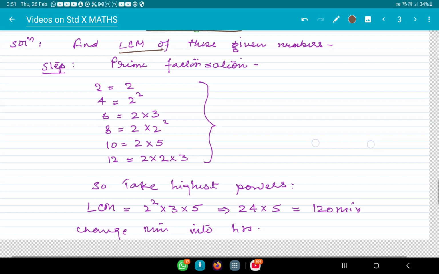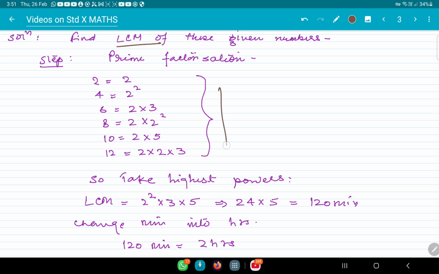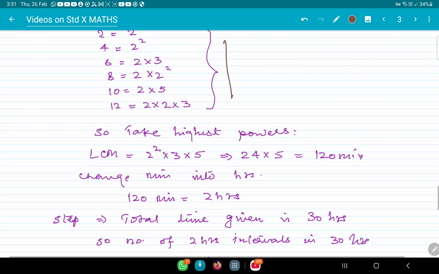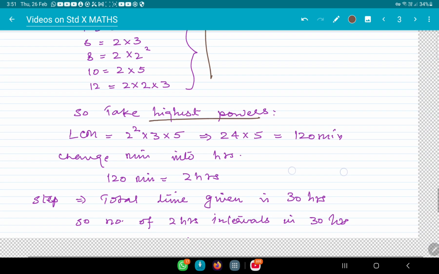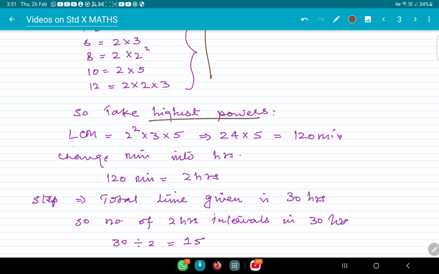These numbers are very small, so you can do it easily: 2, 4, 6, 8, 10 and 12, and then take the highest powers of these numbers, which means you have to do LCM. So LCM will be 2 raised to the power 2 into 3 into 5, which is 120 minutes.